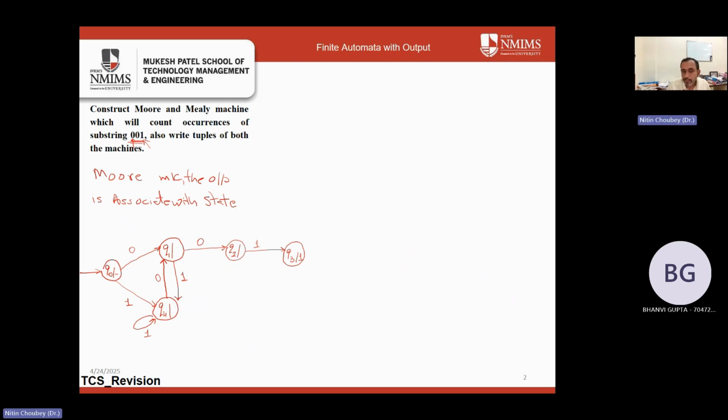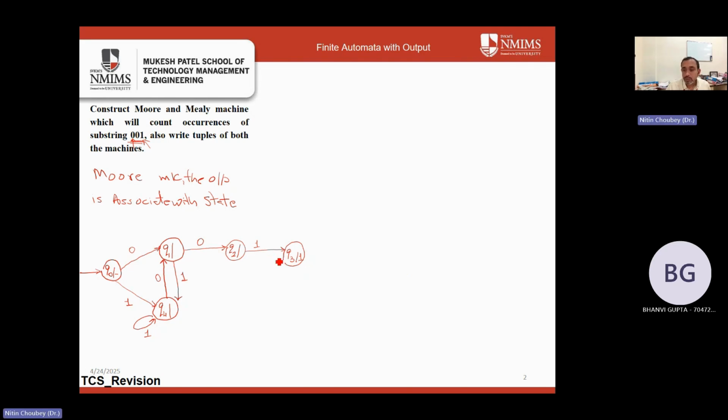Next, Q2. In Q2, we have shown transition for 1 because this is the case wherein it was 0, 0 and 1, or this 0 and 1. So basically, if we get 0 here, what will it signify? It will signify that we have come here with the help of first 0 followed by second 0, and we are getting a third 0.